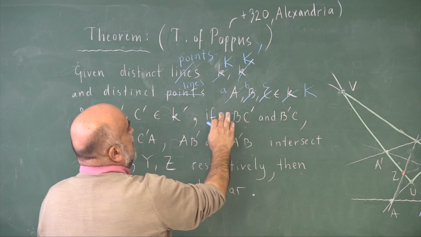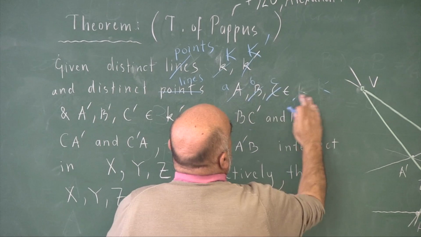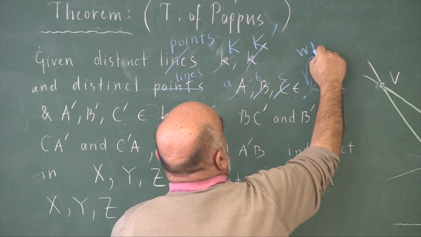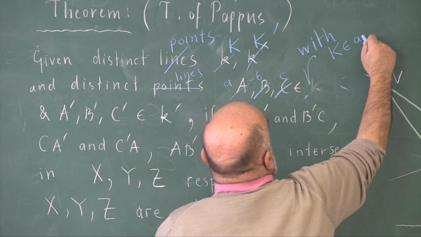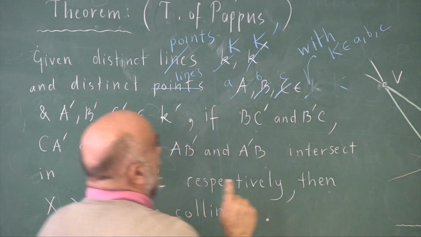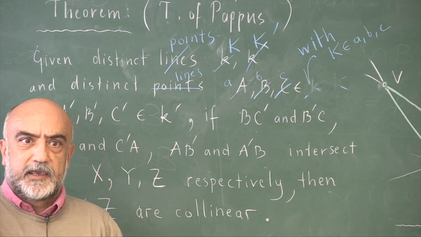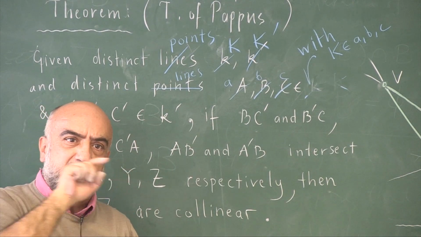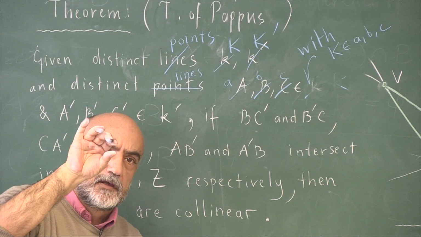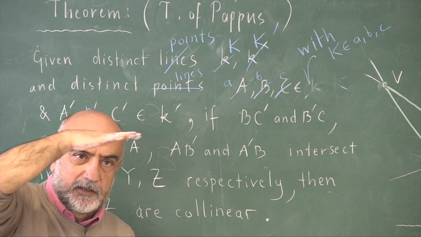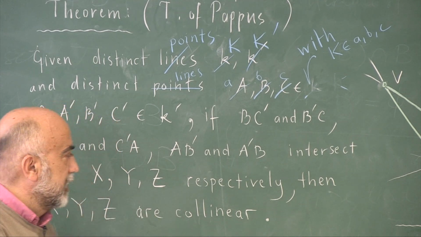Well, we can't do it. Lines A, B, C, let's say with K contained in A, B, C. So I will take a point. Instead of line K containing the points big A, big B, big C, I will now take a point K through which will pass line A, line B, line C. Now I shall be drawing it.